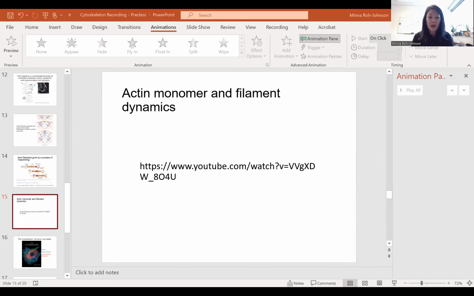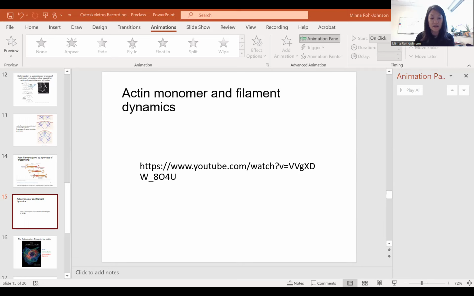So actin monomers are floating around. You need 3 actin monomers to come together to start assembling the filament. That's called spontaneous nucleation. So here we have 3 actin monomers coming together, and now the filament starts to assemble. Remember, it has a polarity, a minus end and a plus end. You get a lot of growth at the plus end. This blue to yellow shows ATP hydrolysis, and now it's starting to break off.